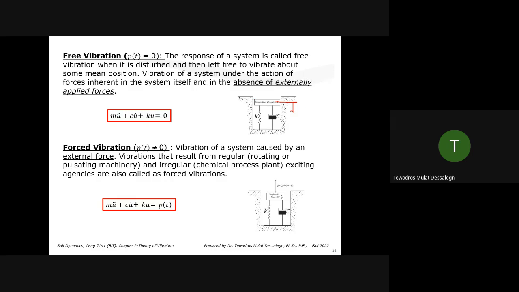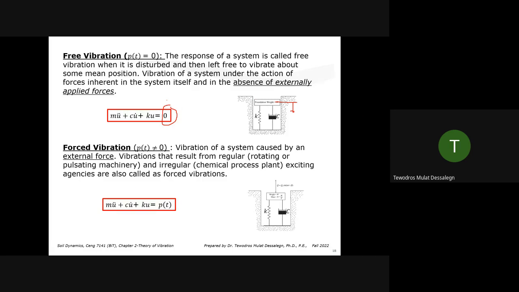Then you have only an initial force. The rest of the vibration happens without continuously acting force. So your externally applied force term would be zero. This is what we call free vibration. You'll have only an initial disturbance, then the rest of the motion is without constant force.